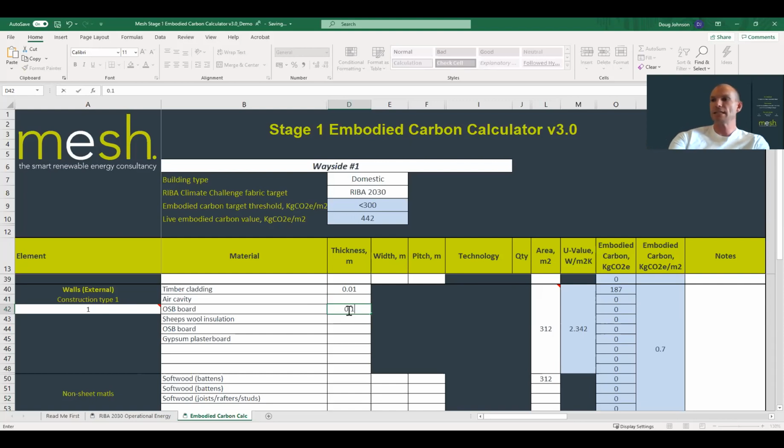The OSB board is 18 millimeters thick. Sheep's wool insulation, let's say 200 millimeters thick. We've got OSB board in there, which is 18 millimeters thick, and the plasterboard is 12.5 millimeters thick.